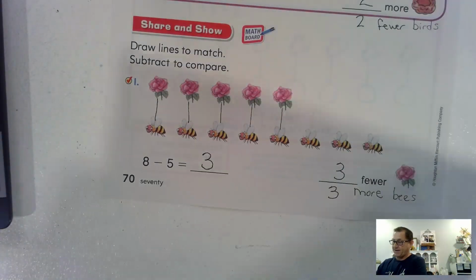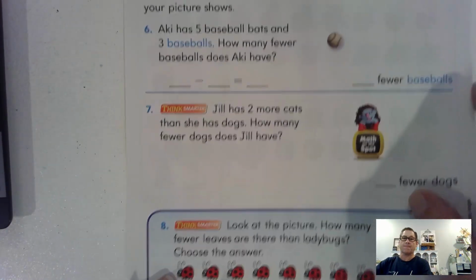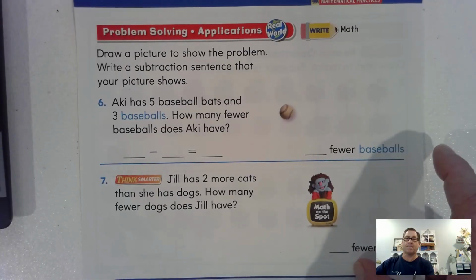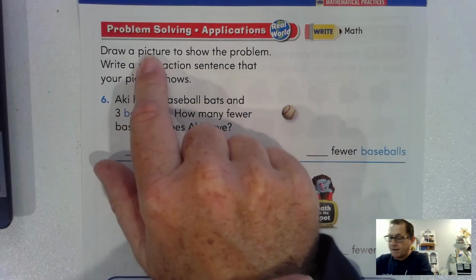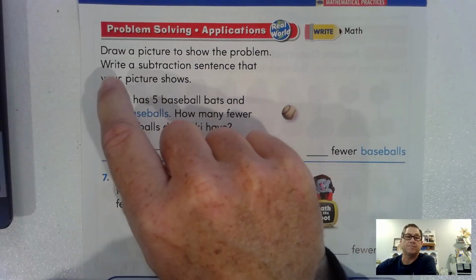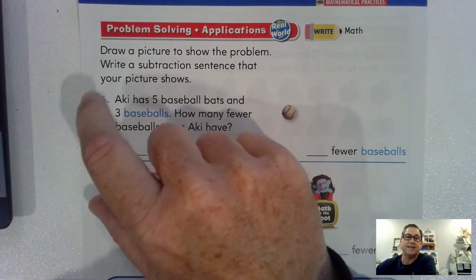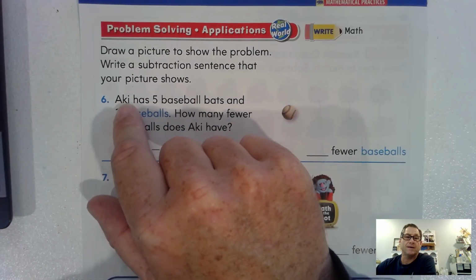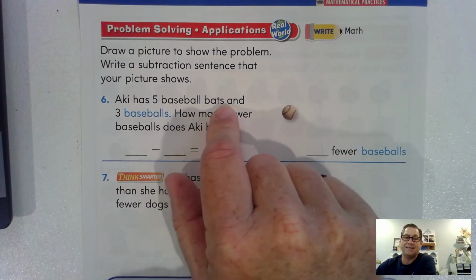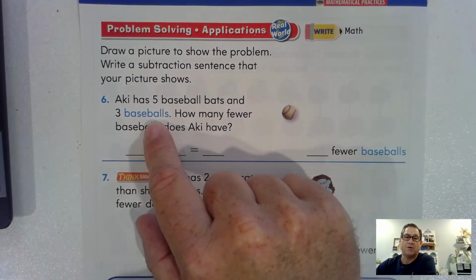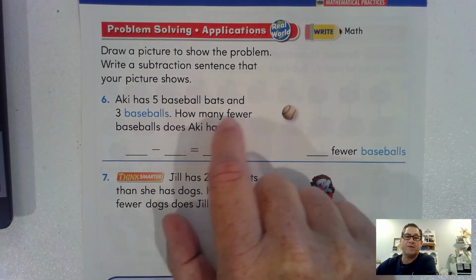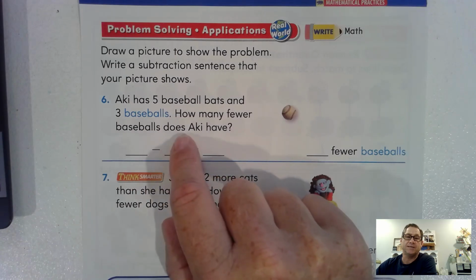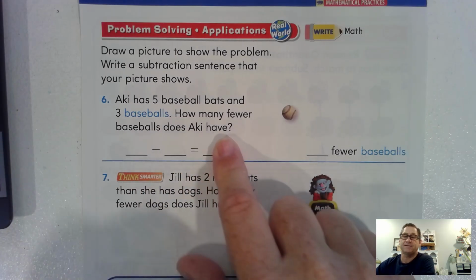Okay, and finally, page 72. Draw a picture to show the problem. Write a subtraction sentence that your picture shows. Aki has 5 baseball bats and 3 baseballs. How many fewer baseballs does Aki have?